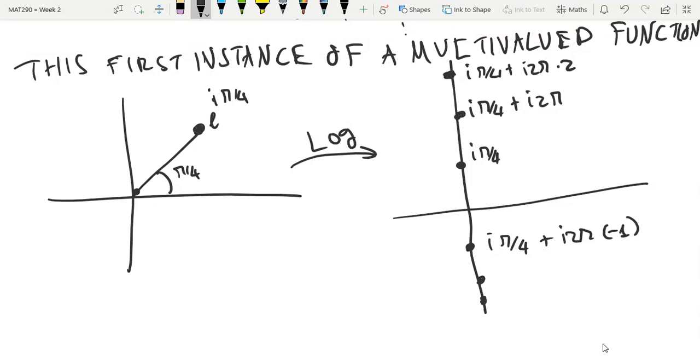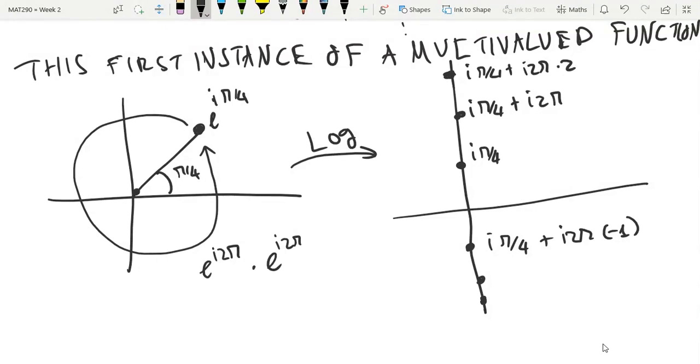One way to see this pictorially is that if you move in a full circle, you get back the same point. But here, you're moving up one level every time you rotate.